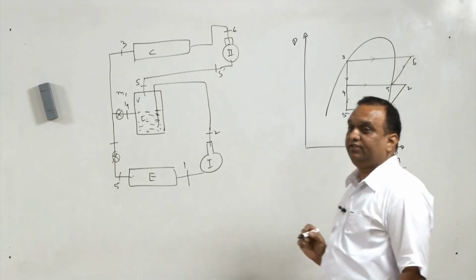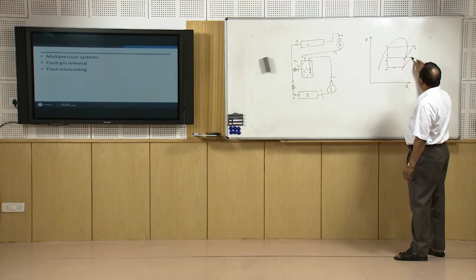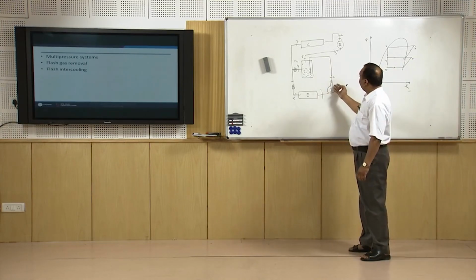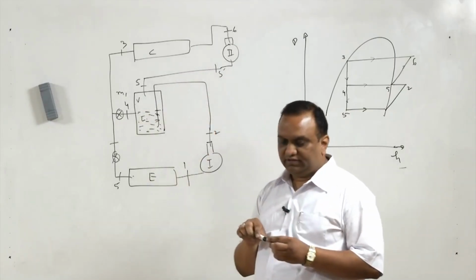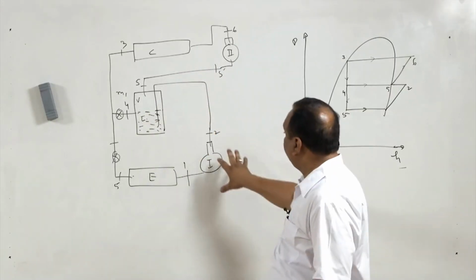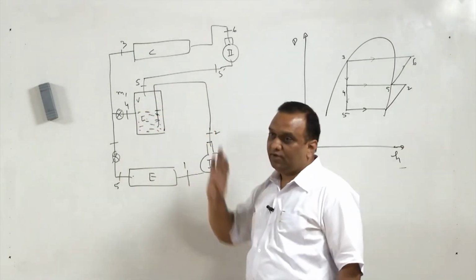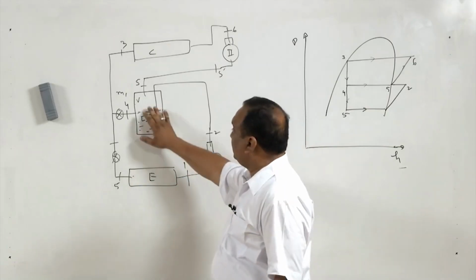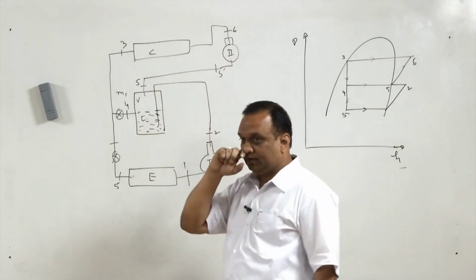Now in this case, in flash intercooling, the output of the compressor is sent to the flash chamber, where this superheated vapor is mixed with the saturated vapor. Because desuperheating of this vapor is taking place here, some of the refrigerant will be evaporated in the flash gas chamber, and that refrigerant will come into the second compressor.